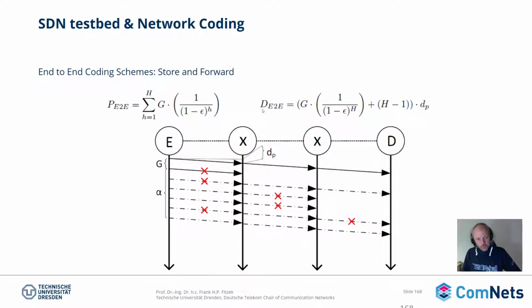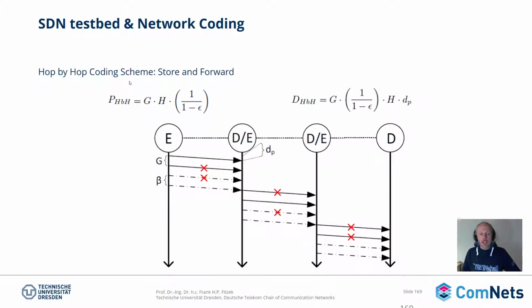Now, if you look at the theory, and this is from ComNets 1, I just brought you this. If you have an encoder and a decoder and some intermediate nodes, if you would create enough redundancy in the encoder to send it to the destination, and you know that some of them are lost, you hope that you will receive enough information on the other side to be able to decode. You can then calculate the number of packets and the delay that such a store and forward scheme will have in an end-to-end fashion.